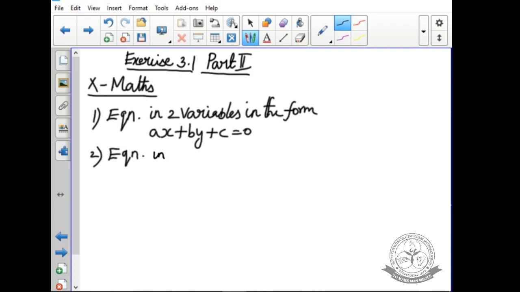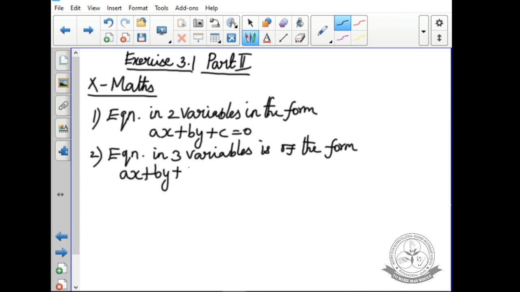Equation in three variables is of the form ax plus by plus cz plus d equal to 0 or equal to d. a is the coefficient of x, b is the coefficient of y, c is the coefficient of z, and d is the constant term.